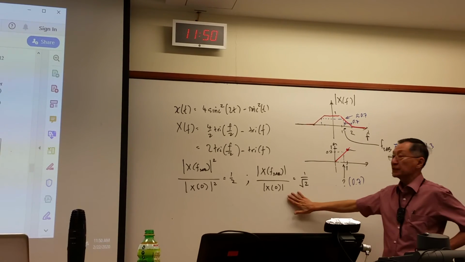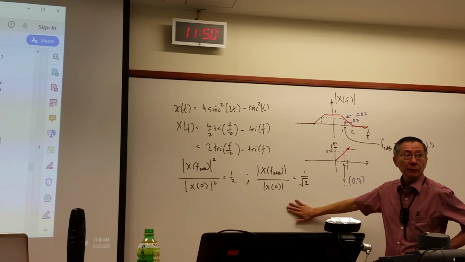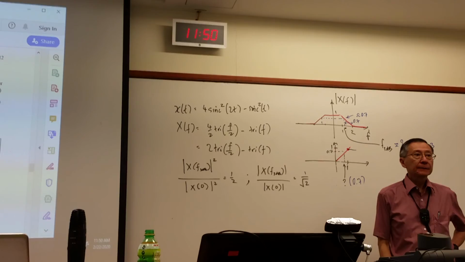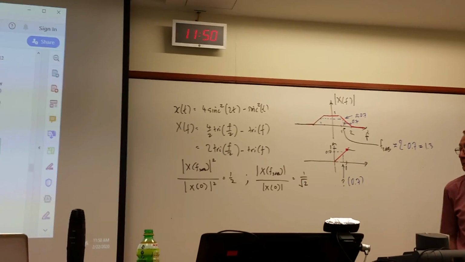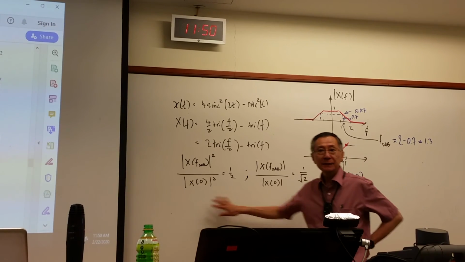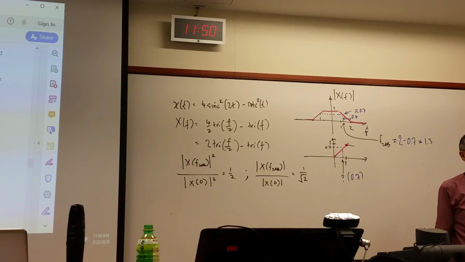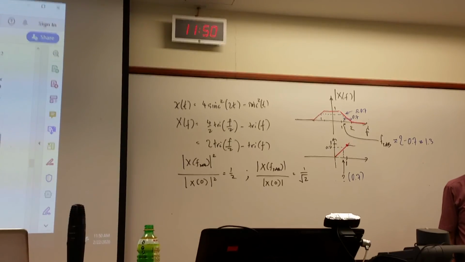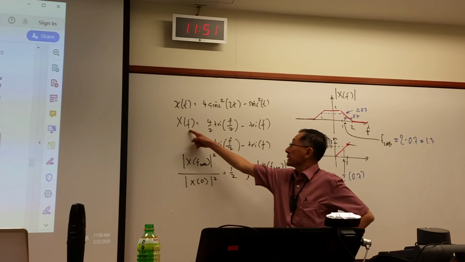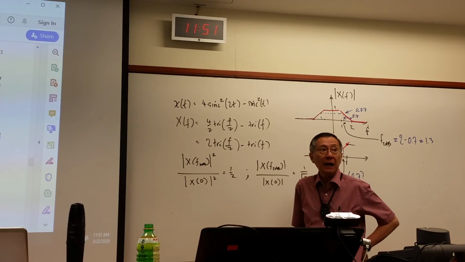Okay, it goes back to this concept here, the definition of 3 dB. And I do it in mod X rather than mod X squared, because it's easier to use this diagram. Mod X is this guy, X of zero.